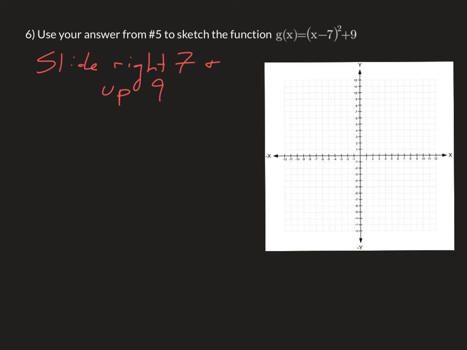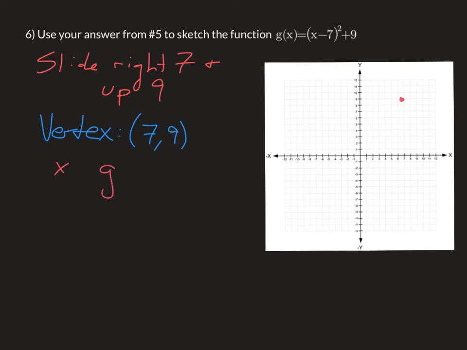Our typical parent function of y equals x squared sets its vertex at 0, 0. Well, that vertex is then going to move right 7 and up 9. So it's going to land roughly there. So we know our vertex is at 7, 9. Now to graph the rest of this, I'm going to make an x, g of x chart.